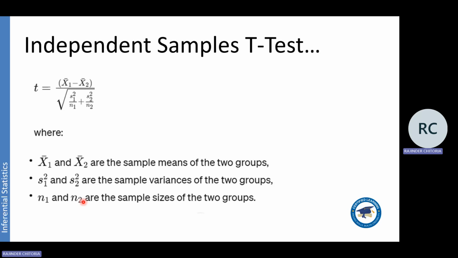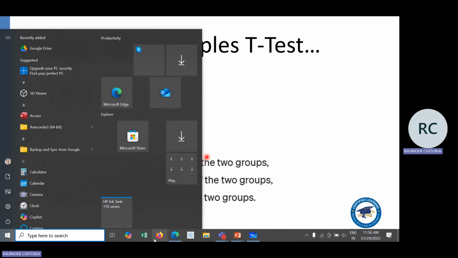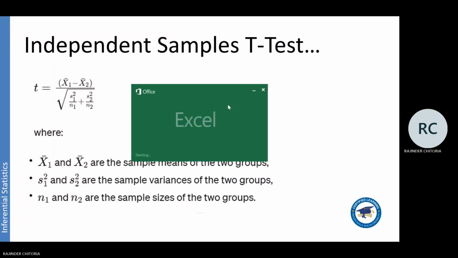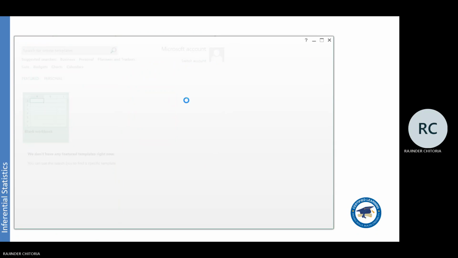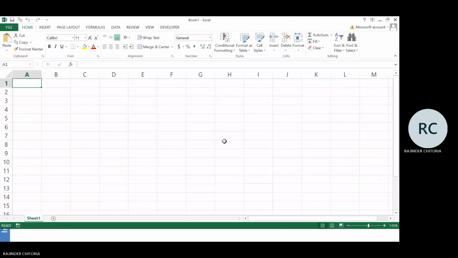Let's take an example. Let me take Excel. Let's say we have plant A data, plant 1 and plant 2, and let's take hypothetical use cases.